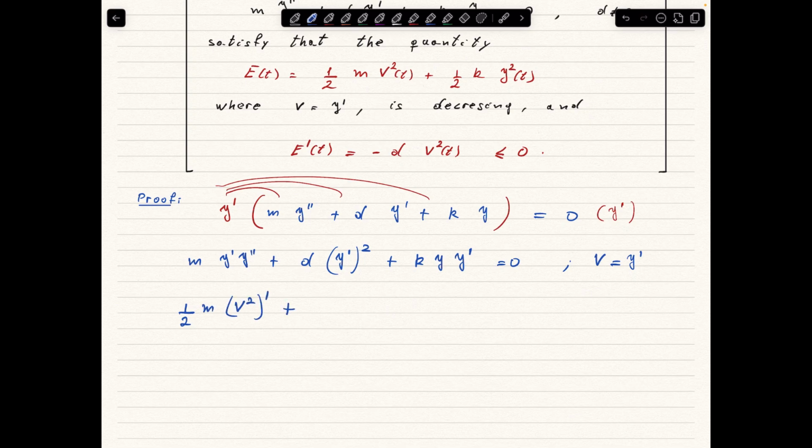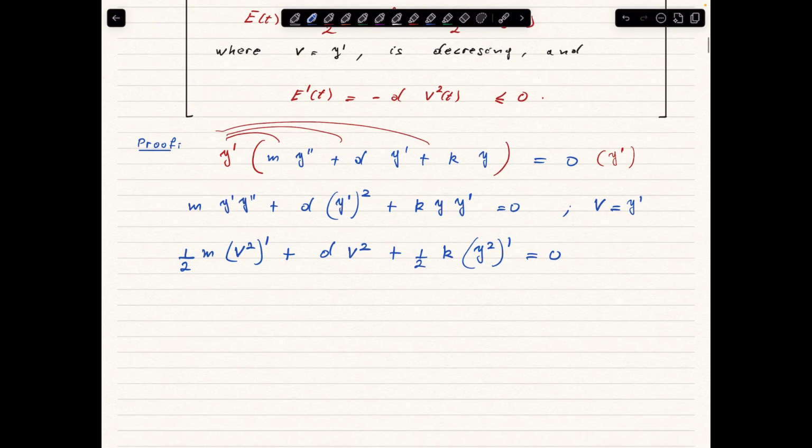This is the new term, we keep it as it is, the damping coefficient times v squared, we don't do anything here. And here we use the chain rule again, so we have 1/2 k, y squared, prime equals 0.